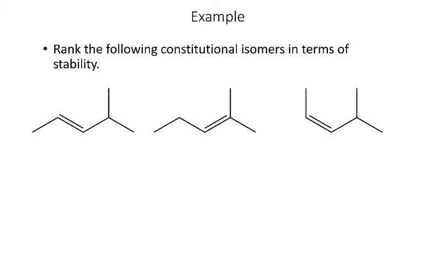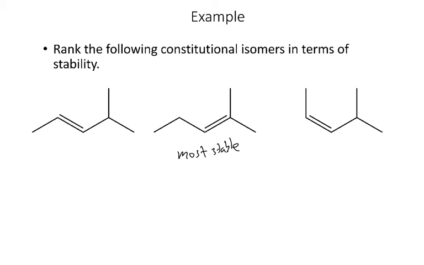All right, finally, one example. If we wanted to rank these constitutional isomers in terms of stability, the first thing we would look for is how substituted they are. So this one and the third one are both disubstituted, while the one in the middle is trisubstituted. So I think the one in the middle is going to be the most stable.